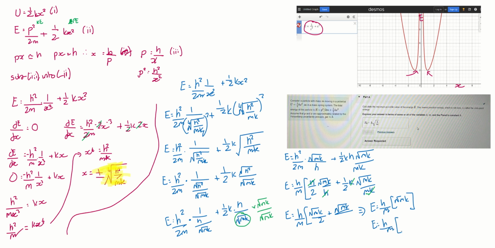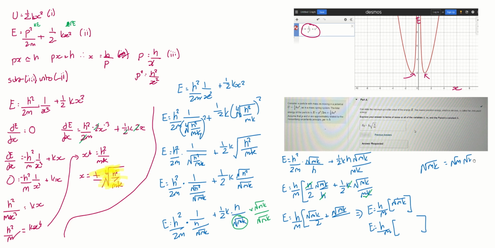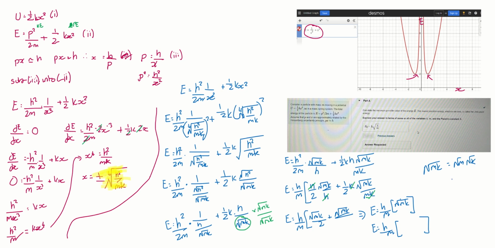And here we go, bit of third action, h over m. I'm just going to write it in indice form. Root mk is the same as root m root k, because of the third rules, which is the same as m to the half k to the half. So I could write that because it's a little bit clearer. So we've got m to the half, k to the half, almost there.